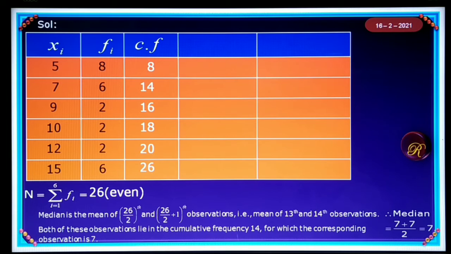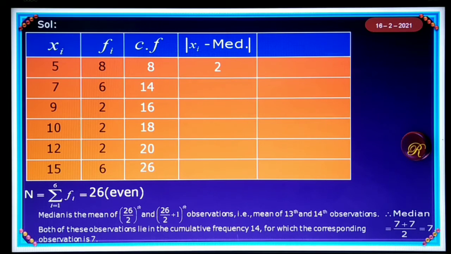Next column is for the absolute value of xi minus median, and we can also denote median as capital letter M. Absolute value of 5 minus 7 is 2.